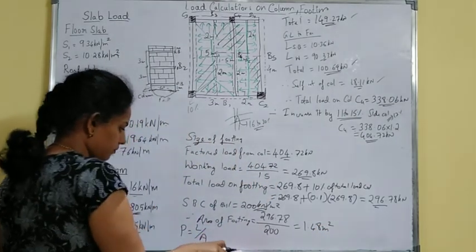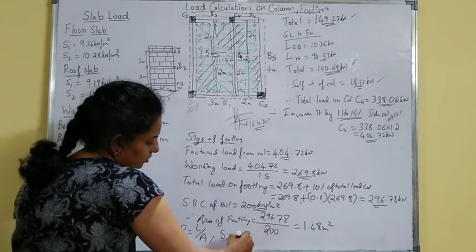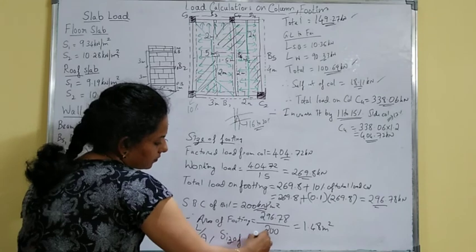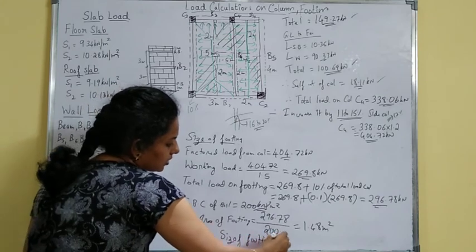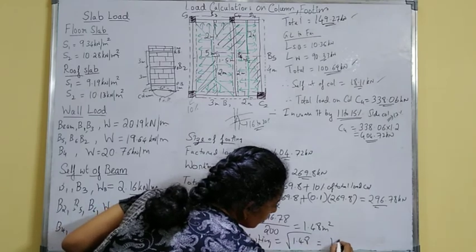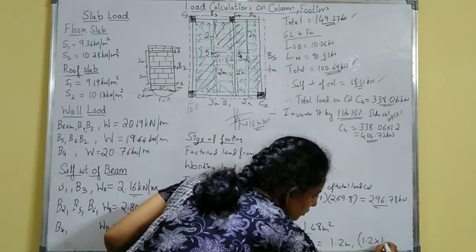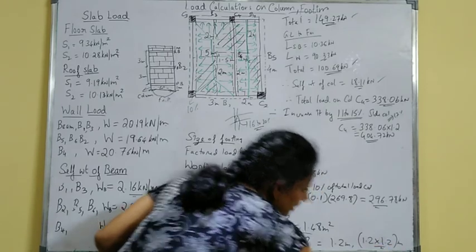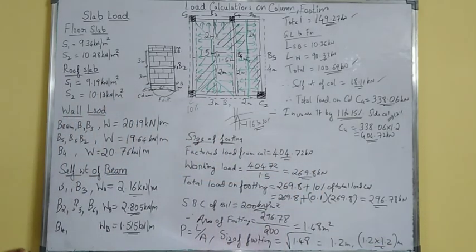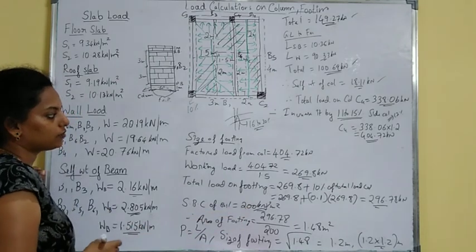Therefore, size of footing is nothing but root of 1.48, you will have 1.2 meter. Therefore, the size will be 1.2 into 1.2 meter. Provide this size 1.2 into 1.2 meter, the square footing or isolated footing.